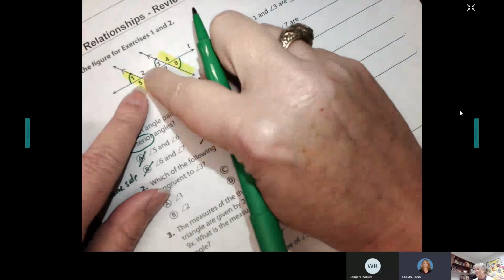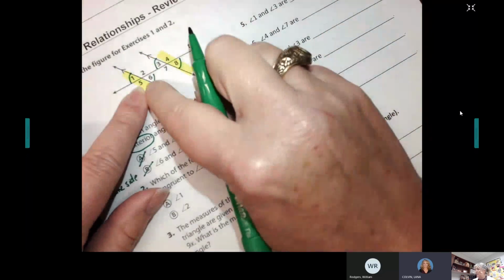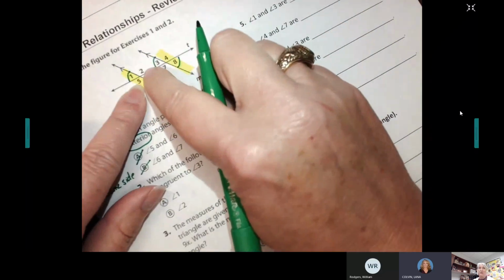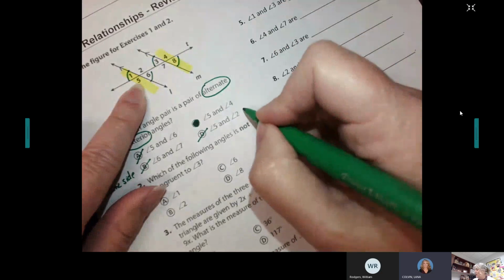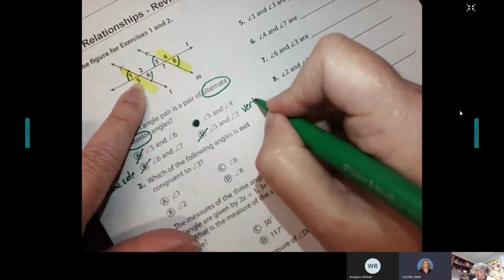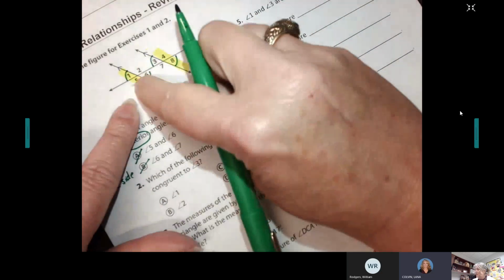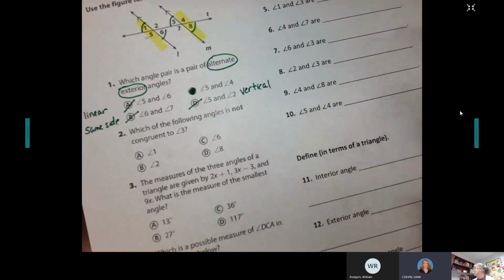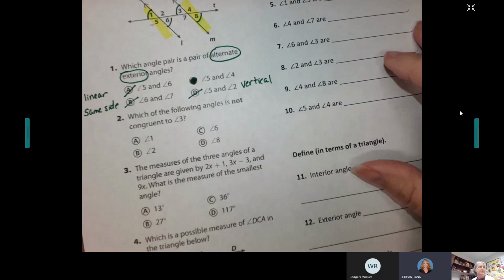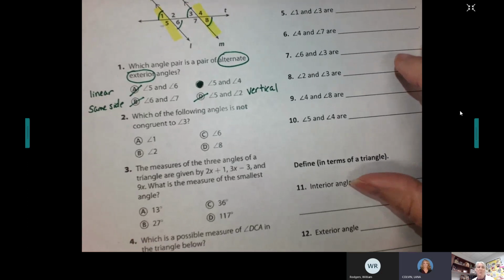Yes, 5 and 2, one of them's exterior, one of them's interior, is what Juliana's noticing. They're actually called vertical angles. When they're diagonal to each other like that, they're called vertical. Sounds weird to say they're diagonal, so they're vertical, but any questions about number 1?